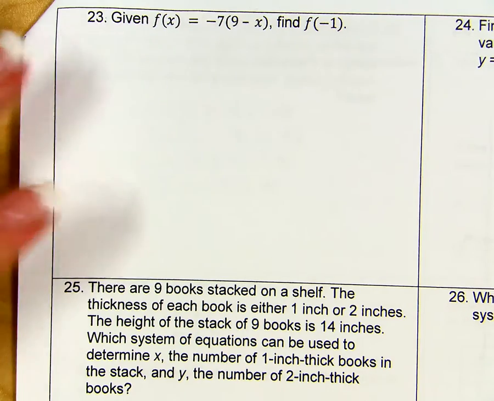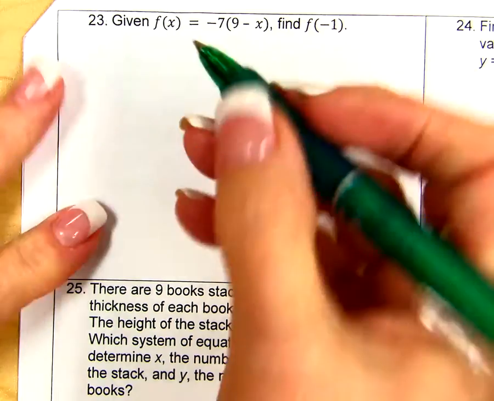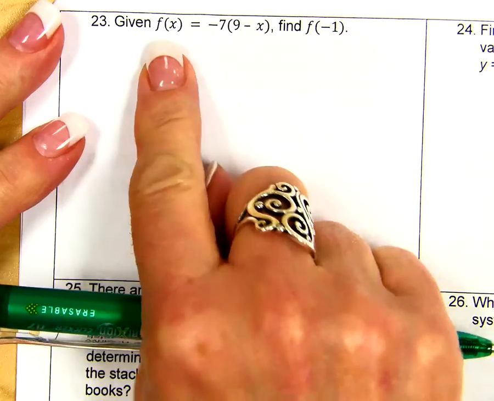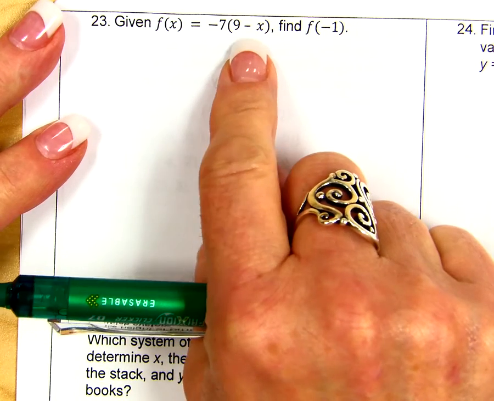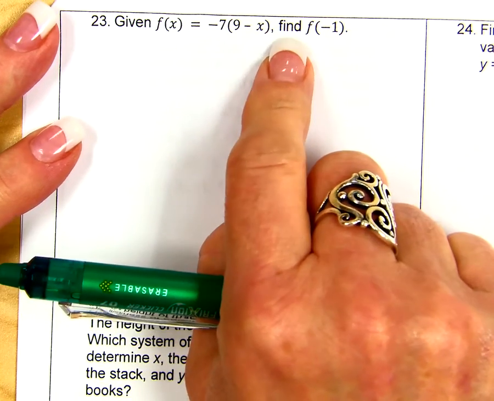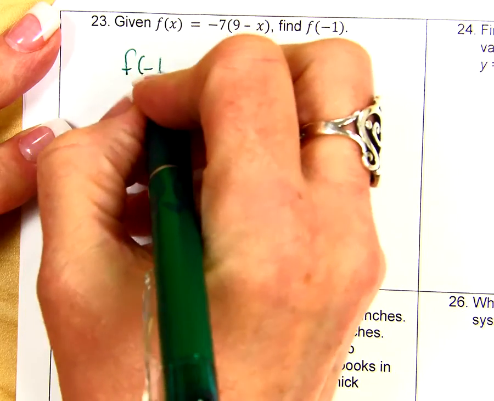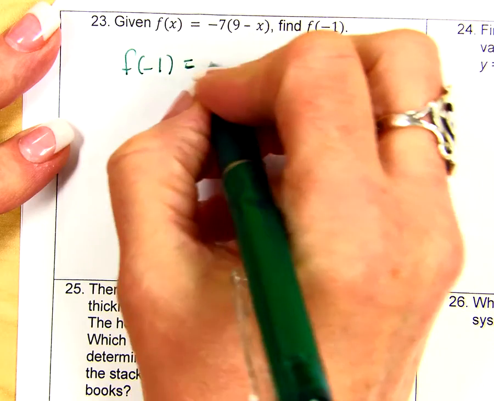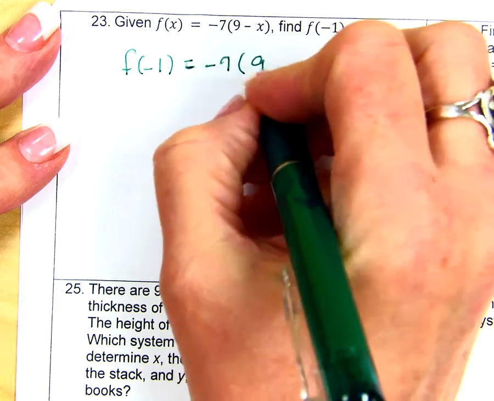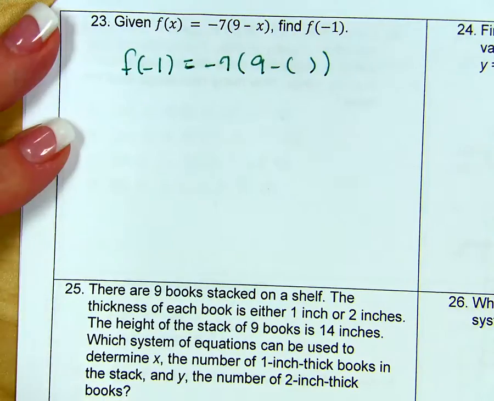This can actually be done in the calculator, but I'm going to do it by hand for you. It says given f of x equals -7 times the quantity 9 minus x, find f of -1. So basically we are replacing the x with a -1.